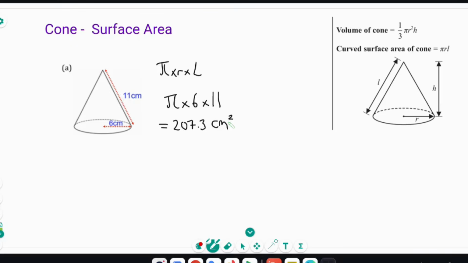Now, we haven't quite finished that. That's just the curved surface area. To find the total surface area of the cone, it's the curved surface area plus the area of the circle on the bottom. So we need pi times r squared. We should know the area of the circle, pi times r squared. So pi times 6 squared is 113.09.